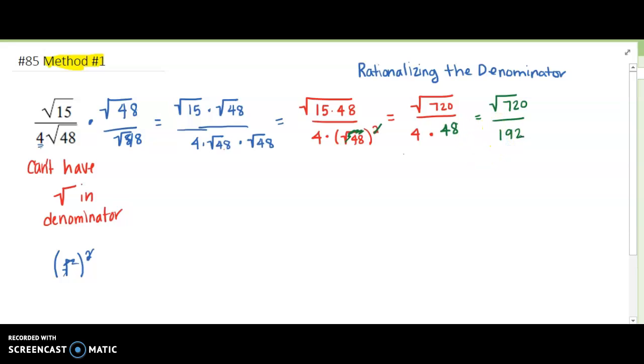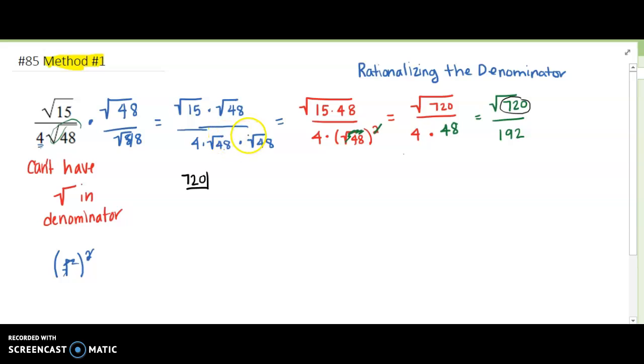Now, I've solved our main issue, which is I got the square root out of the bottom. Mission accomplished, but we're still not done. I still have to simplify this fraction. The first thing I need to do is simplify this 720.